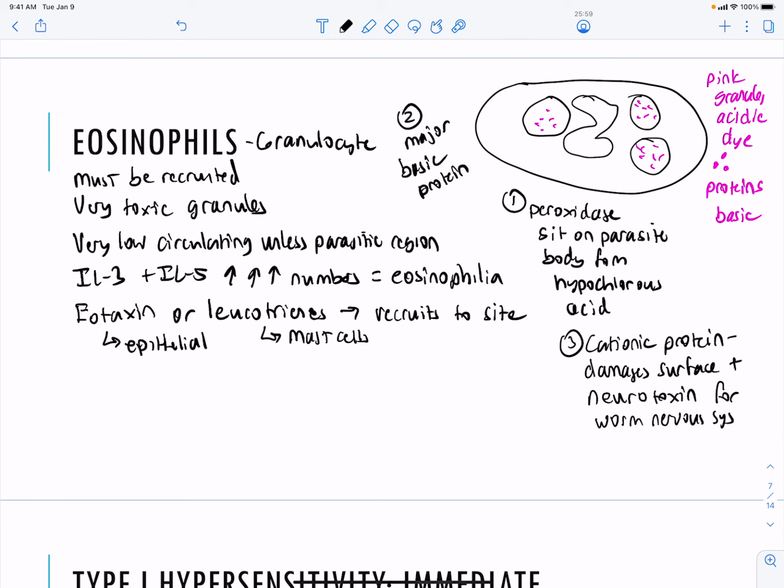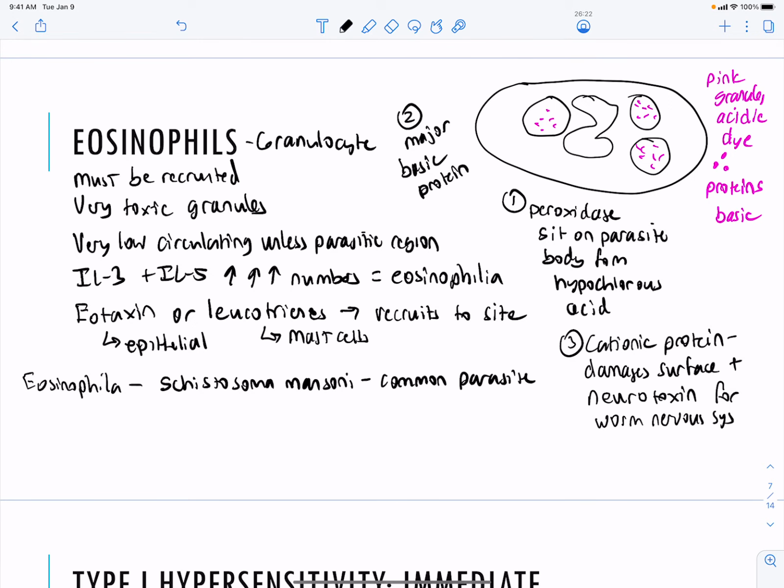Okay, so just a moment, we'll talk a little bit about eosinophilia and Schistosoma mansoni. This is a common parasite.